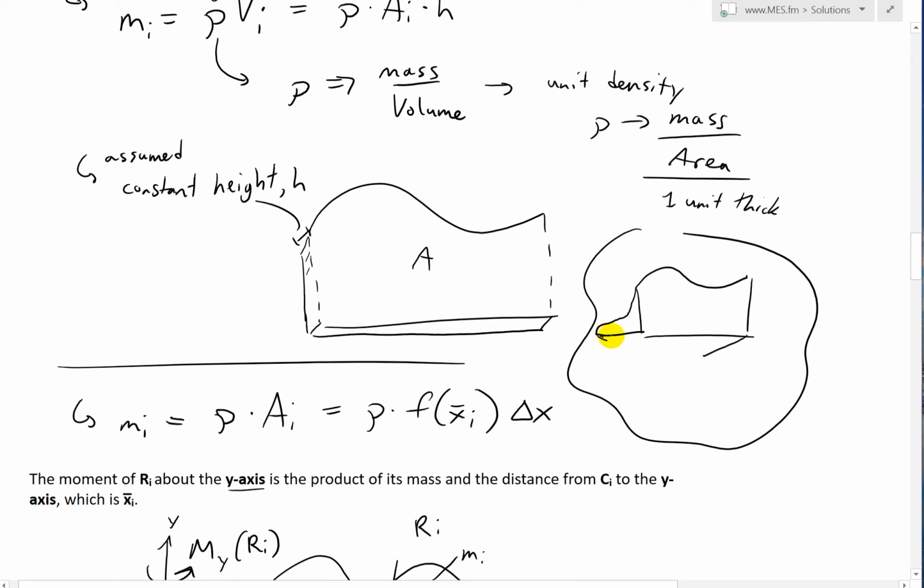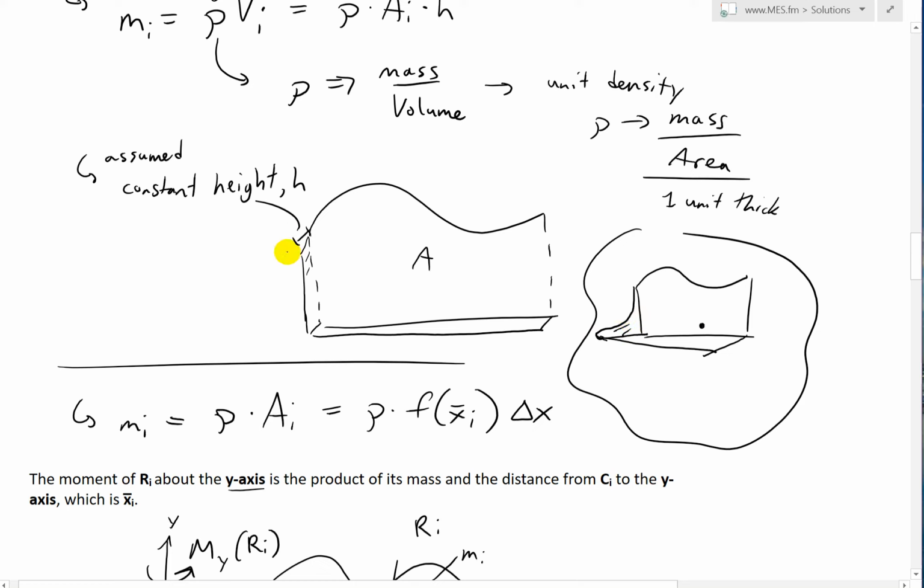Then this would push the centroid all the way down. Just think about it, you're trying to balance it out. If all of the weight is down here, then obviously it's going to change. So this thickness will change it if it's not constant.